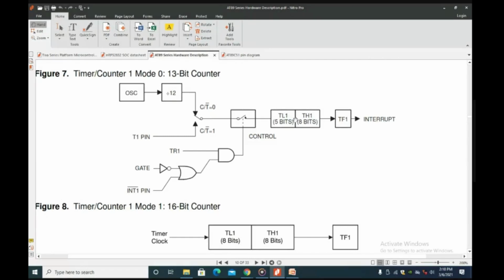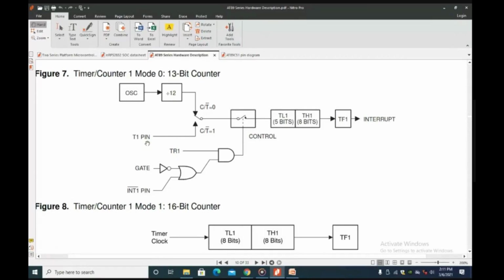Pulses coming in to the pin are used heavily in motor RPM control, speed control, and so on. The pulses come in through the counter, and counting based on time helps us find the RPM of a motor, or the RPM of an engine in a bike or a car.